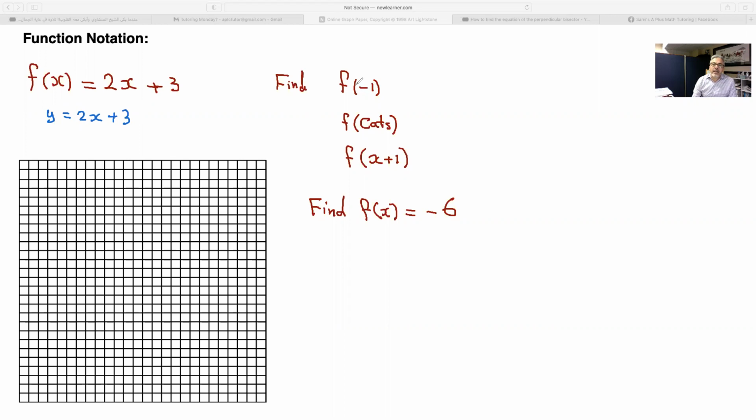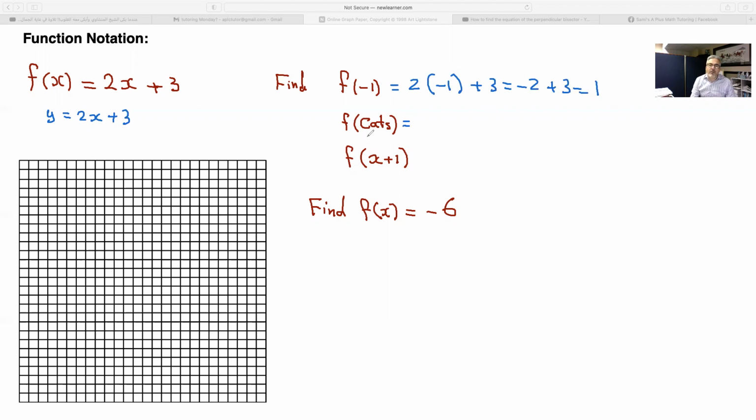So what they did, they're telling you when x is -1, because this is f of x, and instead of x now they wrote -1. So they're saying when x is -1, solve. So all you need to do, just go to this equation right here and sub in -1 for x, plus 3, which gives you -2 plus 3, which gives you 1. It's as simple as that.